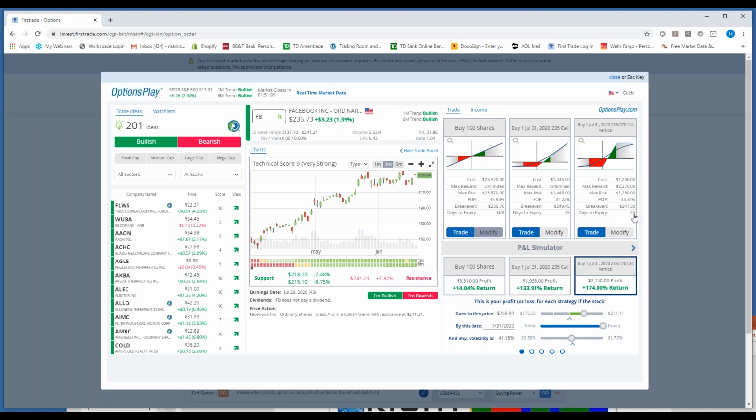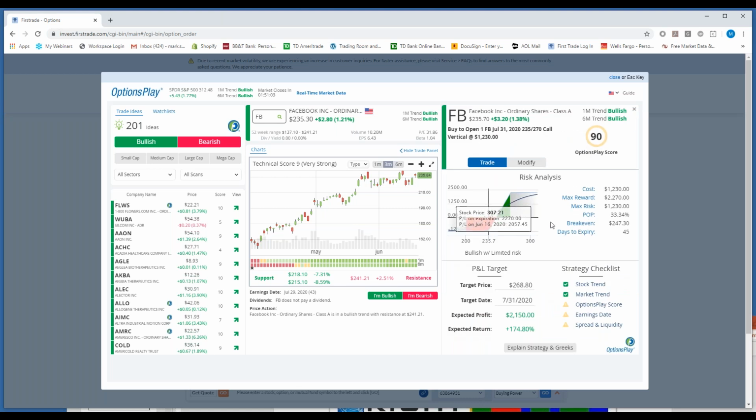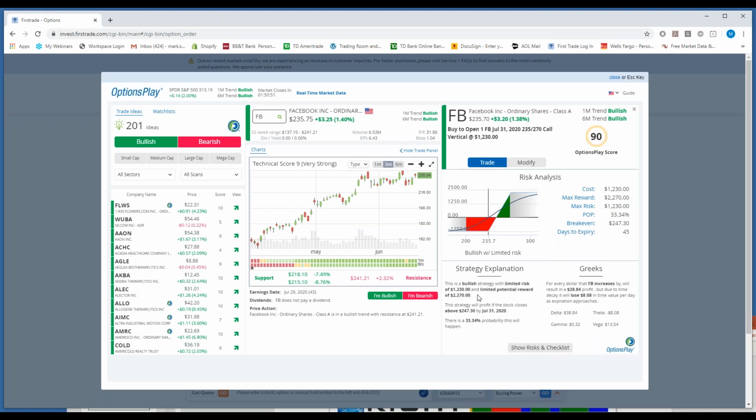Now, let's say we want to get deeper inside this position. It's this magnifying glass, and the magnifying glass is telling us all the information that we already got. But what we can do is click here and it's going to explain the Greeks. It tells you that this is a bullish strategy with limited risk.